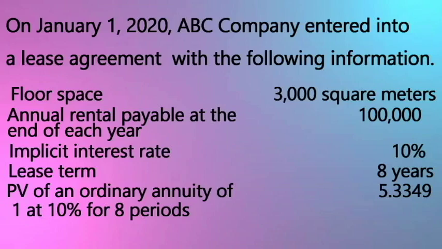So, ABC company entered into a lease agreement with the following information. Floor base, 3,000 square meters. Annual rental payable at the end of each year, 100,000. Implicit rate in the lease, 10%. Lease term, 8 years. Present value of an ordinary annuity of 1 at 10% for 8 periods is 5.3349.